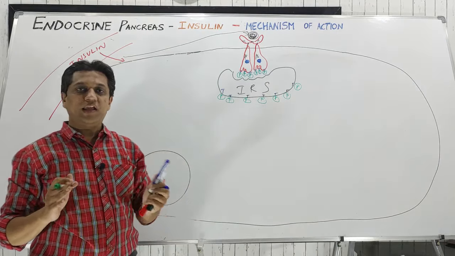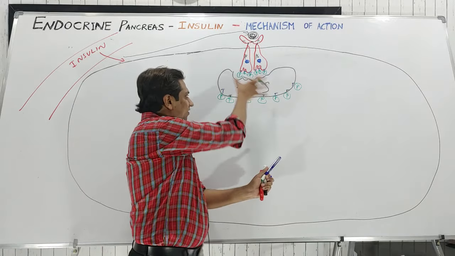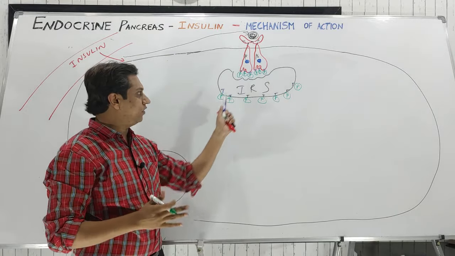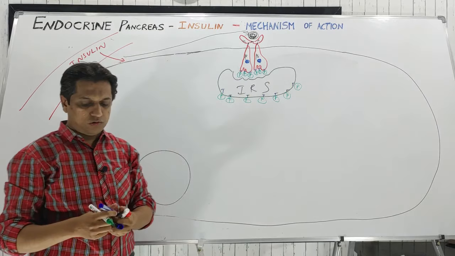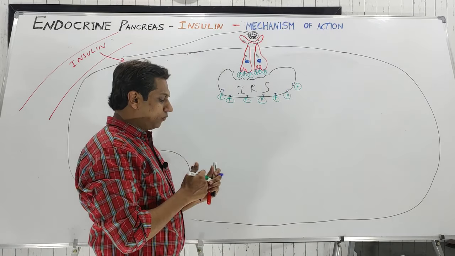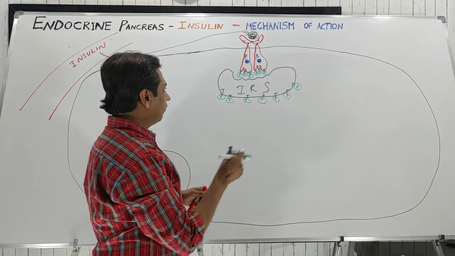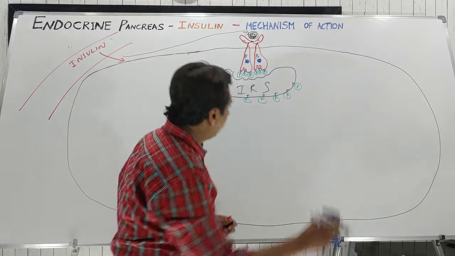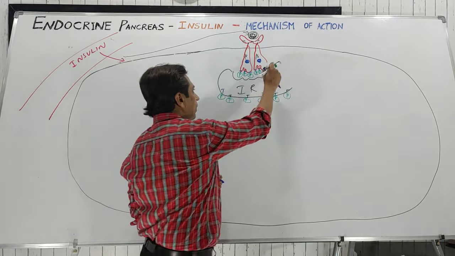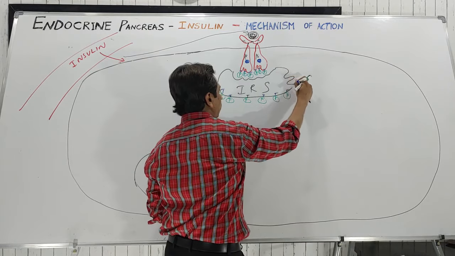Now once it gets activated, it leads to a conformational change in the IRS molecule. That conformational change causes the formation of some active domain on this IRS molecule.